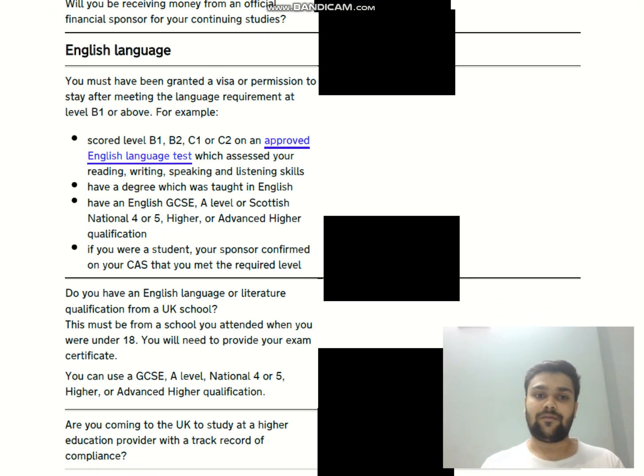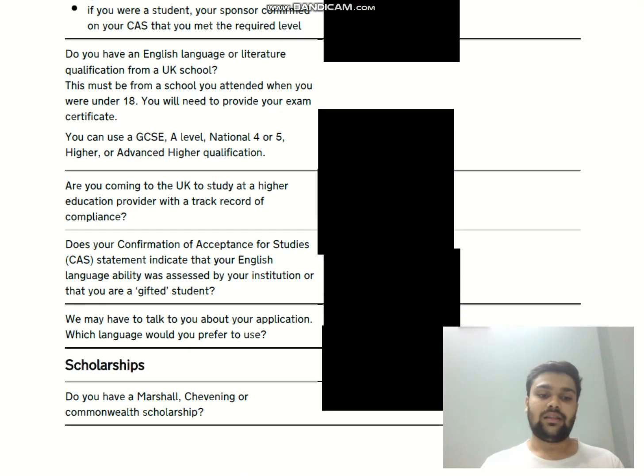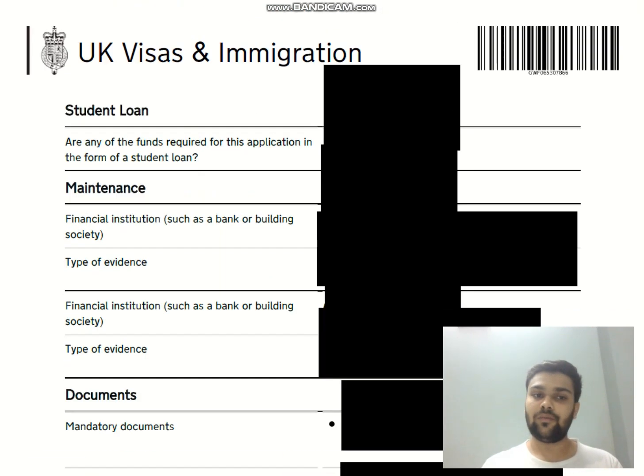English language qualification. Then comes scholarship. Out of these three scholarships, Marshall, Chevening, or Commonwealth, have you been awarded these three scholarships? If you have not been awarded with these three scholarships, then it's a no. Then student loan. Are any of the funds required for this application in the form of student loan? Then it is a yes.